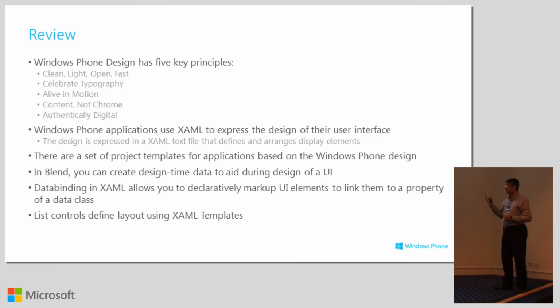We also talked about the principles of designing Windows Phone 8 applications. We saw how the tools provide you sample data, design time data, how you can use the tools to better design your applications, how you can use the themes and the resources and the styles that are provided by the templates to make sure that your applications behave properly when in the different themes, the light theme or the dark theme.